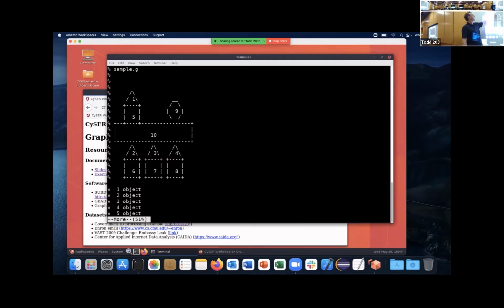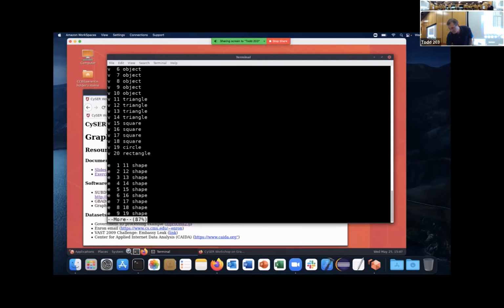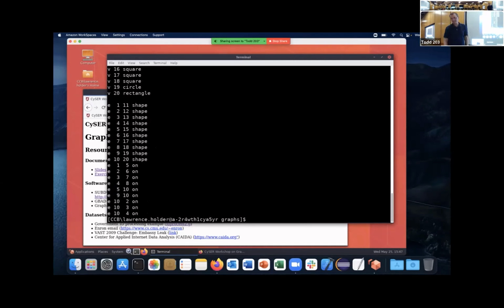And as you might guess, the normative pattern we see is the triangle on top of the square. And so if you look in the data, you'll see vertices for triangle and square and objects, and then all of the edges are either shape or on. Yeah, not an insider threat problem, but a real simple example of what's going on here.